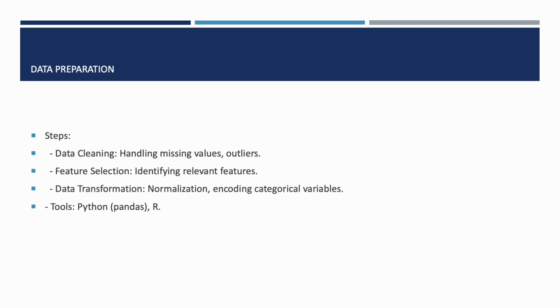For example, customer categories like gold or silver might be converted to numerical values like 1 or 2 so that the algorithms can easily process it. Tools we can use are Python or R. Both have robust functionalities for cleaning, transforming, and preparing datasets for analysis.